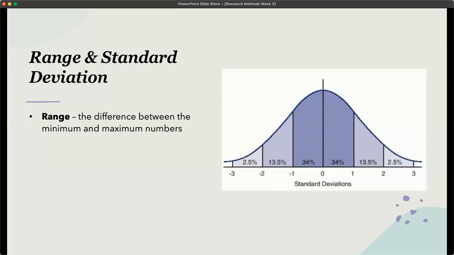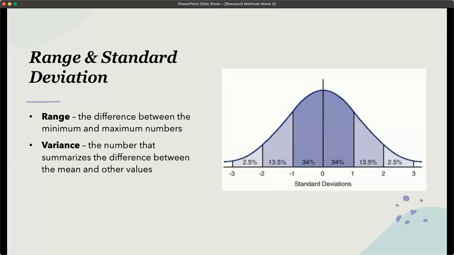Now, the range of the scores is going to be the difference between the minimum score and the highest score. So if the lowest score on an exam is 12%, the highest is 99, the range is going to be the difference between these two. The variance is the number that summarizes the difference between the mean and other values. And then the standard deviation is the square root of the variance.